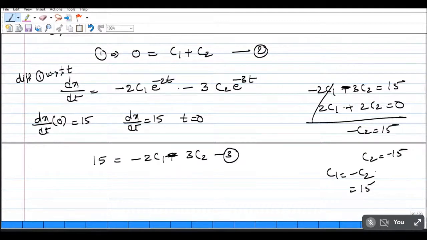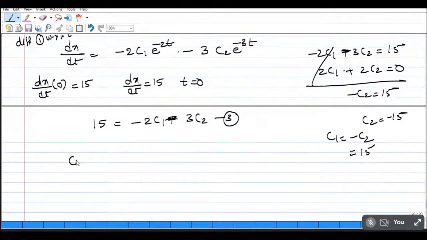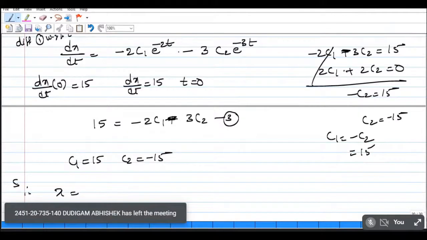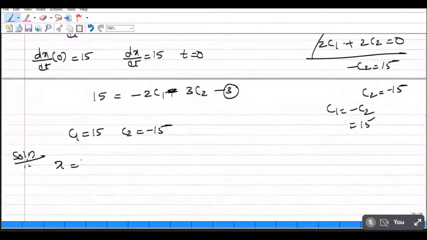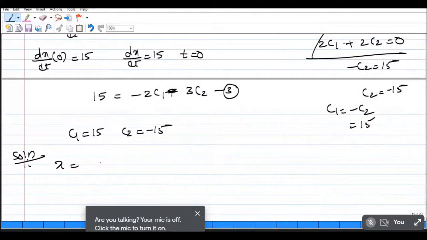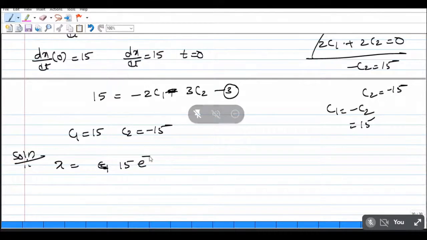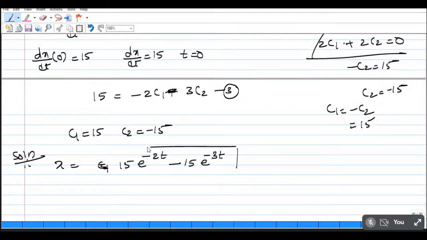That is C1 is 15, C2 is minus 15. Therefore, what is the solution? x equal to 15 e power minus 2t minus 15 e power minus 3t. Substitute in the solution.